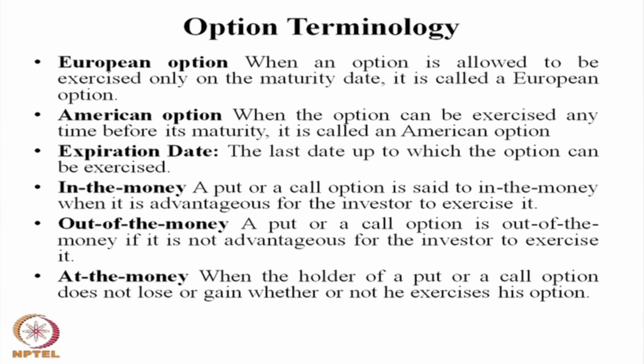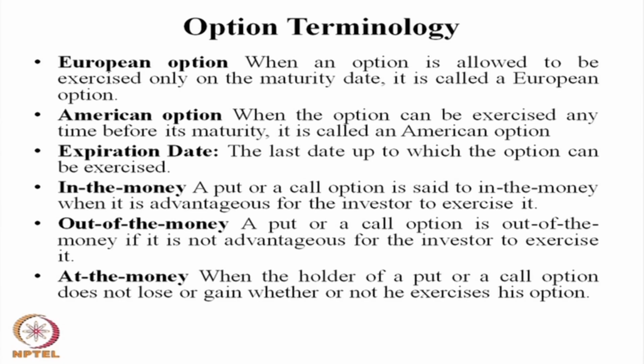Out of the money means the options buyer, whether a put options buyer or call options buyer, is not getting profit and is in a disadvantaged position. At the money means he is neither getting a profit nor any kind of loss.